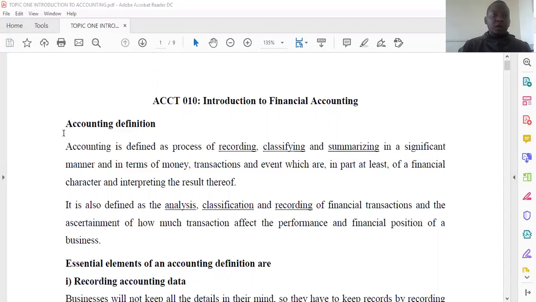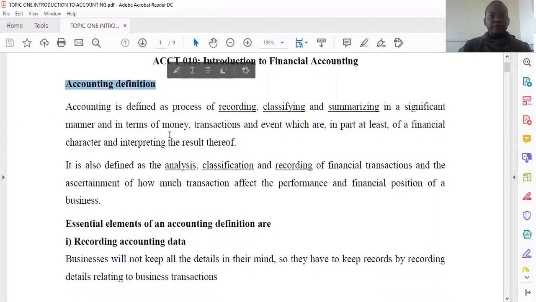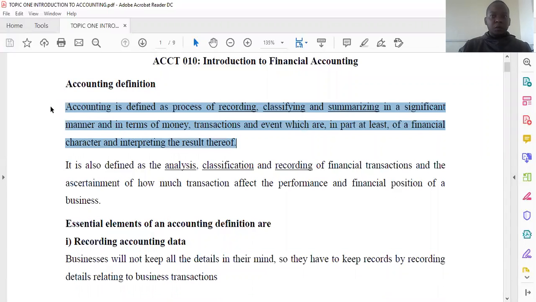So to begin, we look at the accounting definition, and as you can see there, we have two definitions of accounting. One, accounting is defined as a process of recording, classifying, and summarizing in a significant manner, and in terms of money, transactions and events which are in part at least of a financial character, and interpreting the result thereof.